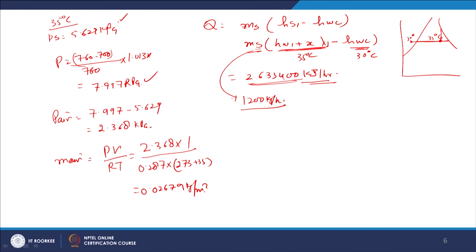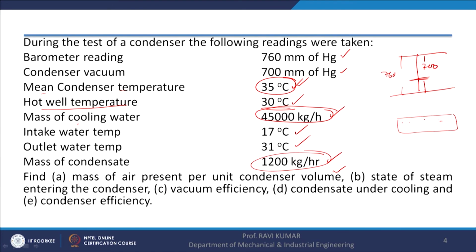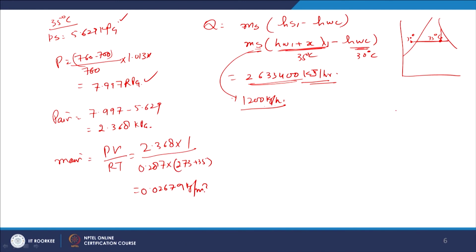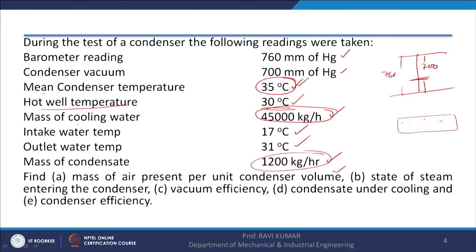Now how much heat has been removed? That is mass of the cooling water, m Cp delta T. Because in the condenser, suppose there is a surface condenser, the heat removed in the condenser is mass of the cooling water, Cp delta T. The mass of the cooling water is known to us. Cp of water is known to us, 4.2, and delta T is also known to us, that is intake water temperature and outlet water temperature.